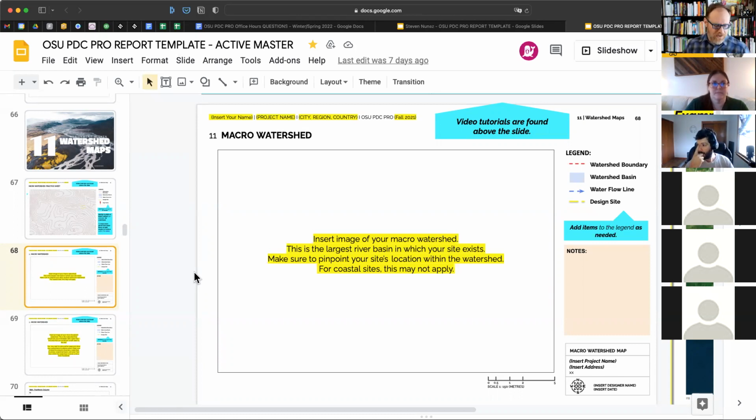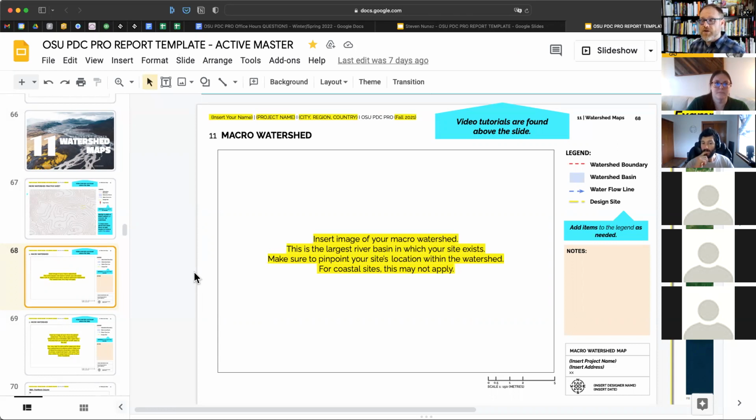And if you look into the tutorials, you'll see that the site that I used was in an urban context, and with urbanization in place, those beautiful maps no longer make sense. And unless you can get all the detailed specificity of a complete urban hydrology map, which no one can ever find, you're not going to know.